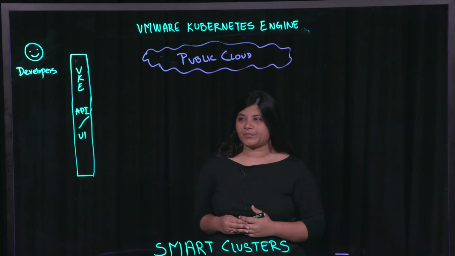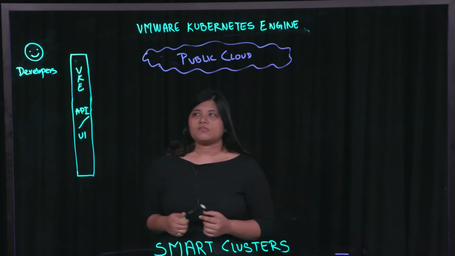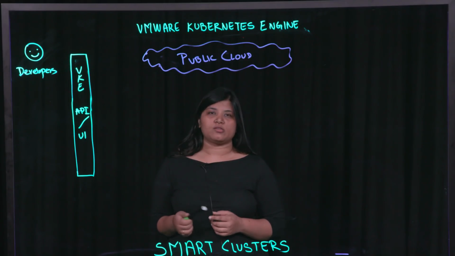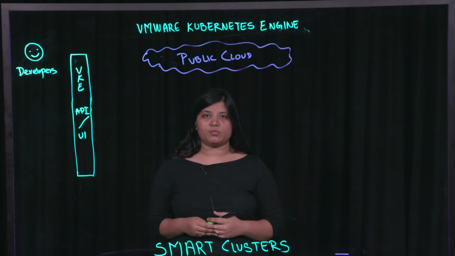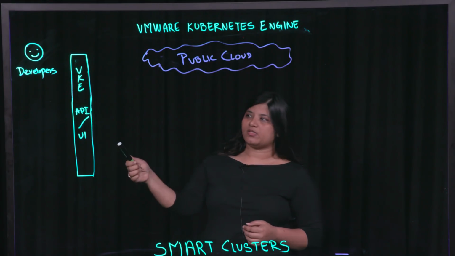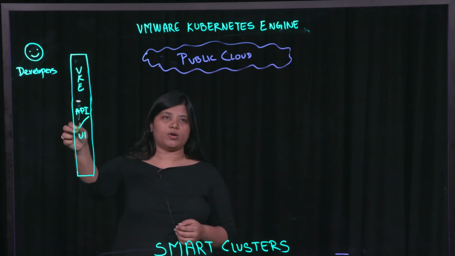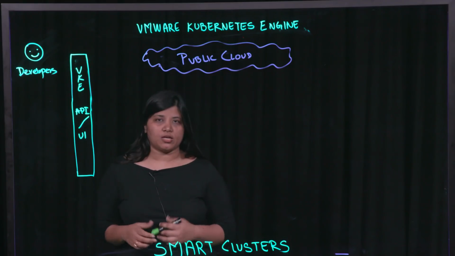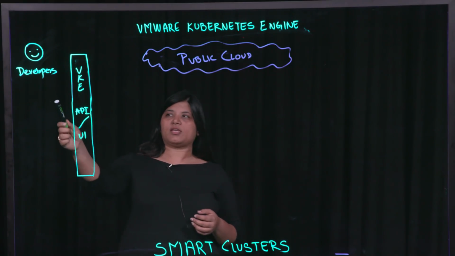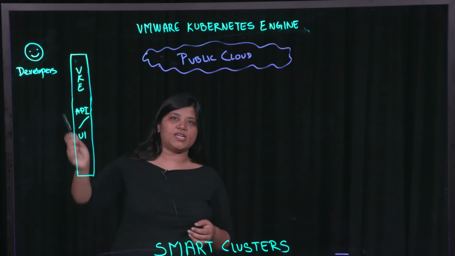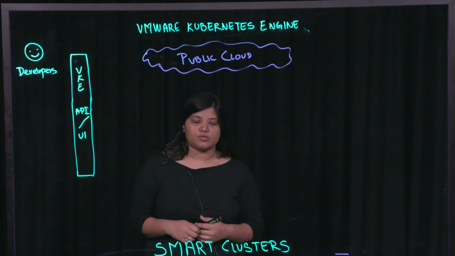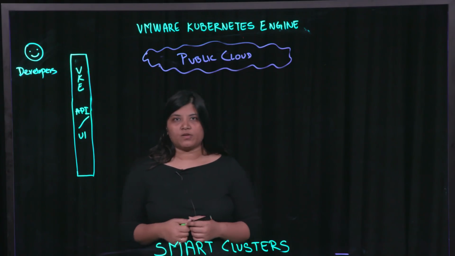Let's talk about them. Now, VMware Kubernetes Engine, or VKE, runs on a public cloud. It's multi-cloud enabled. So when a developer comes in and wants to deploy applications taking care of a Kubernetes cluster, the first thing that they do is go to the VKE API or UI and ask for a cluster. And that's a smart cluster that we are talking about.